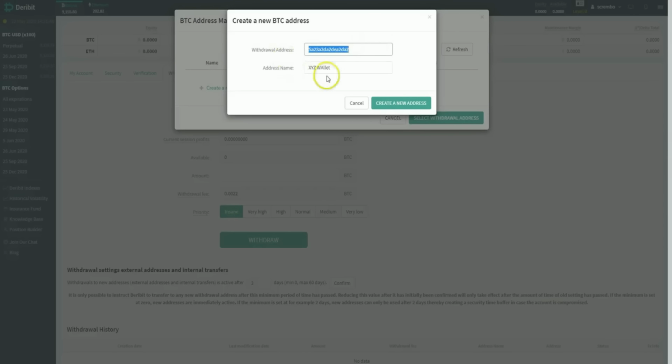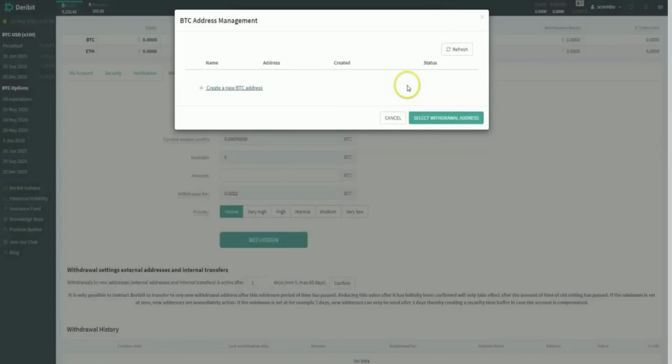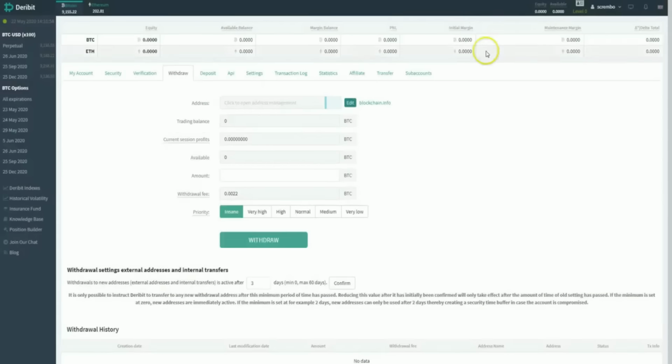You can enter your withdrawal address. For example, I'm from Bangladesh and I live in Dhaka, so you can use the address like your capital city or the place you belong to, some specific place.